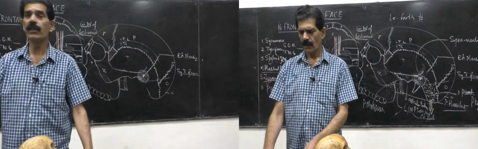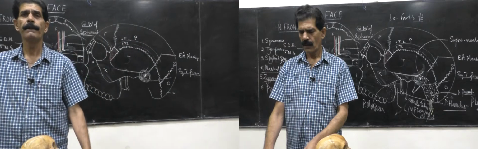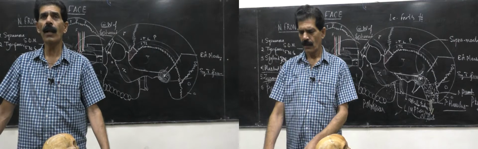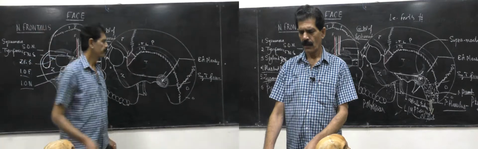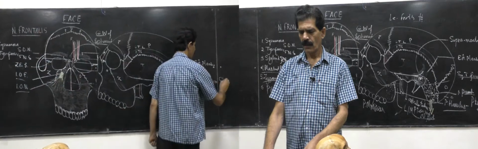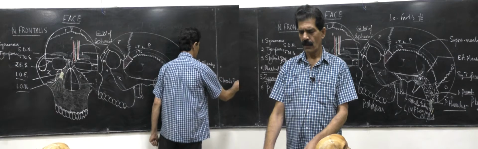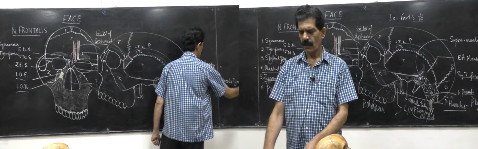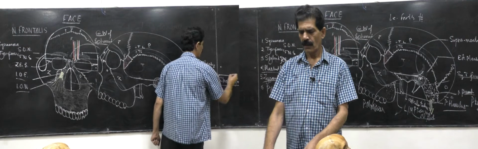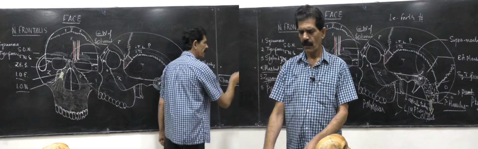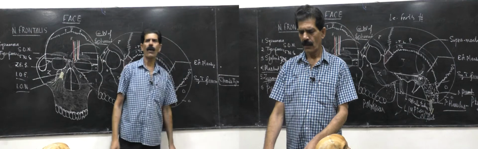Through this fissure passes, now note down, the chorda tympani. Only write down the name. The detail we will go into later on.